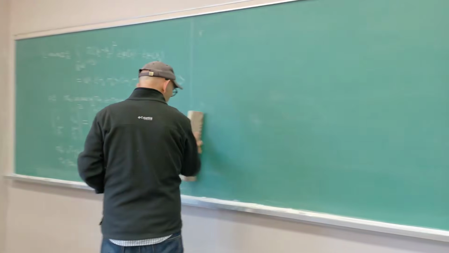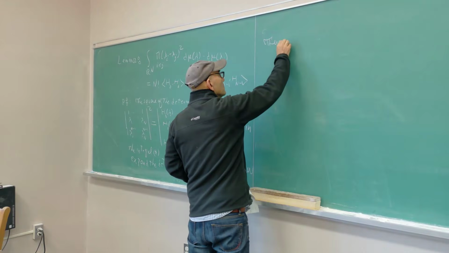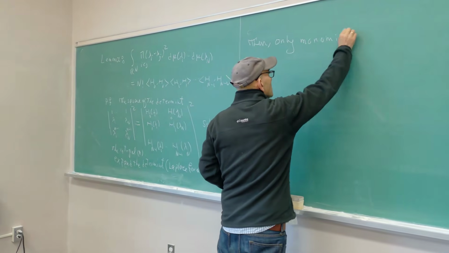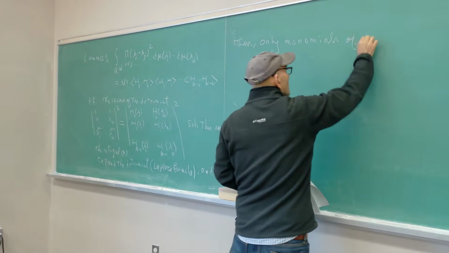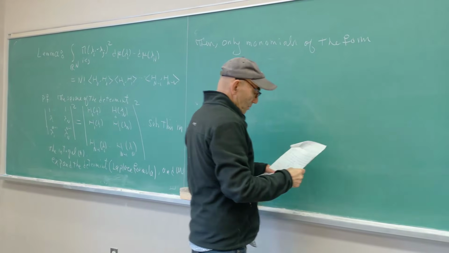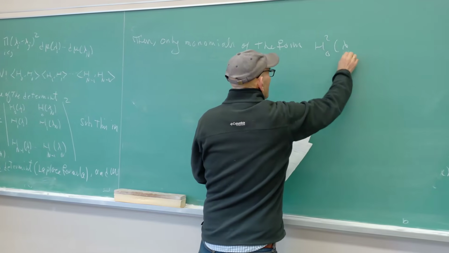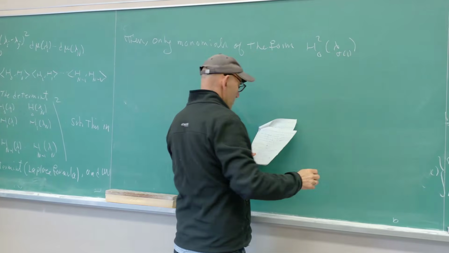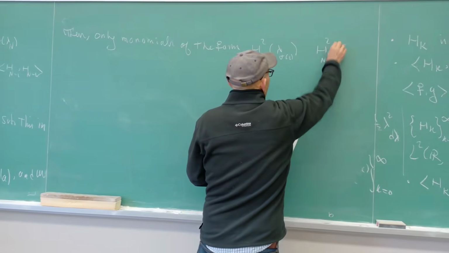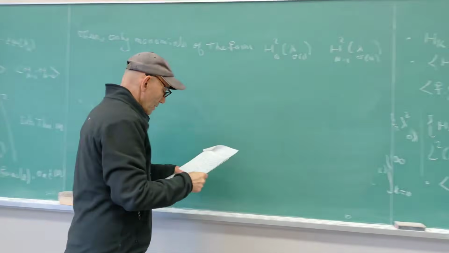So then only polynomials of the form lambda 0 squared, lambda sigma 1 up to lambda n minus 1 squared contribute.